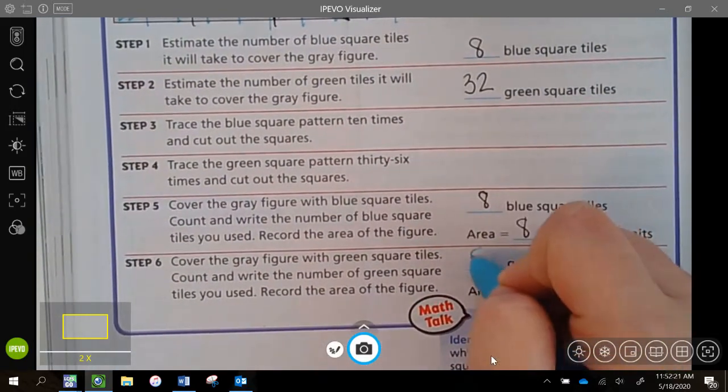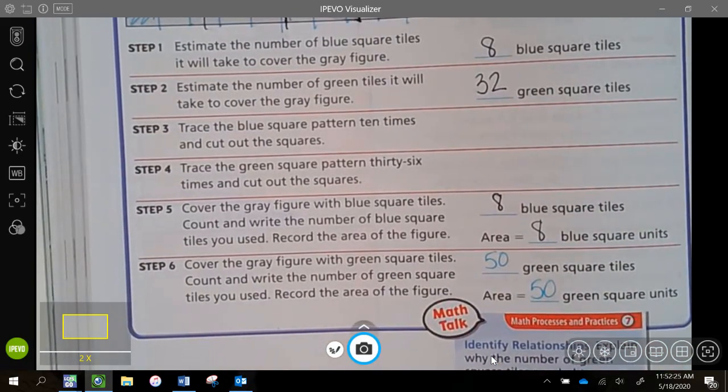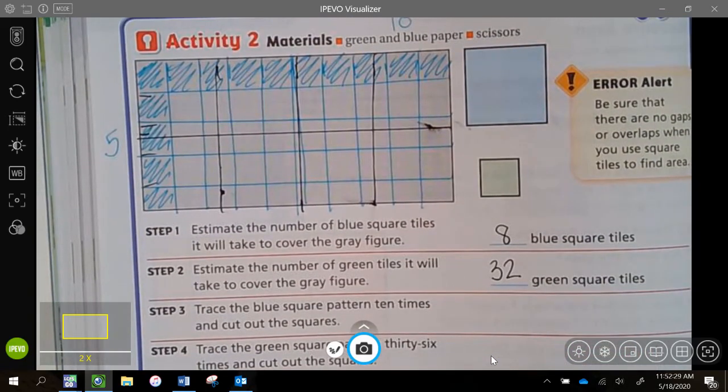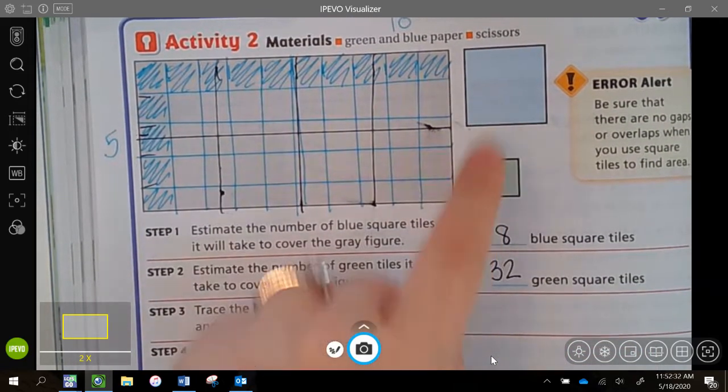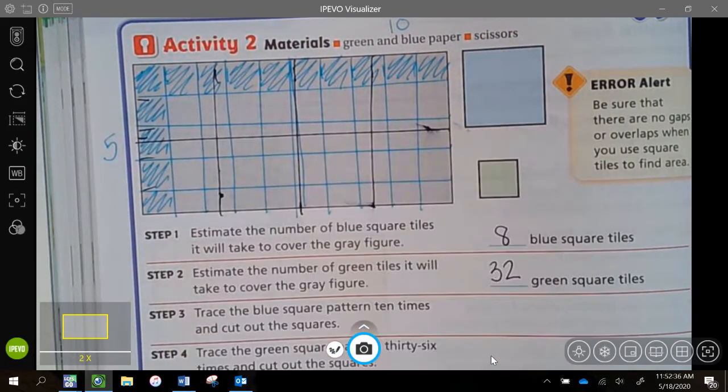So we have an area of 50 green square units. Check that out. Unfortunately, you can't fit a centimeter tile into an inch tile nicely. You can't cut it, okay? All right, so there's what we did for this one.